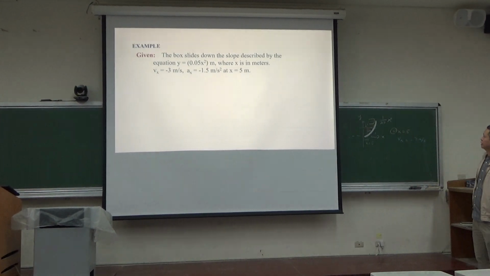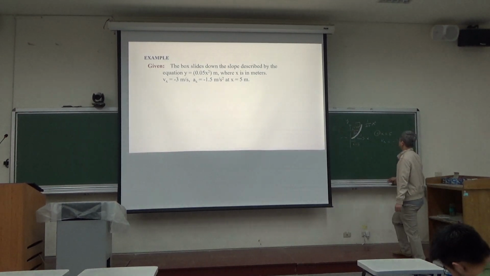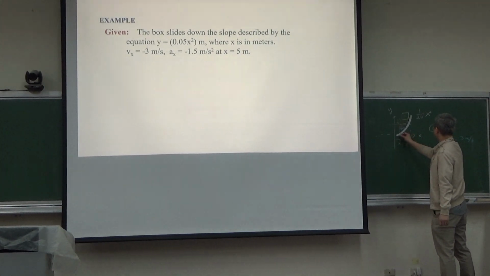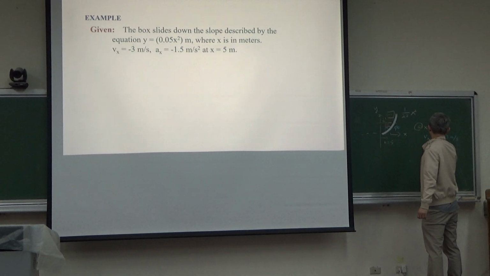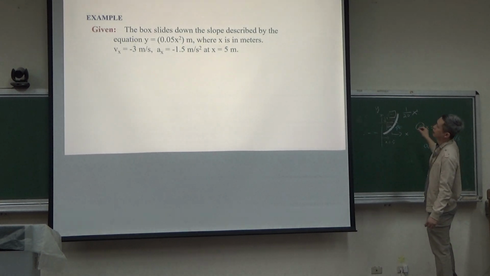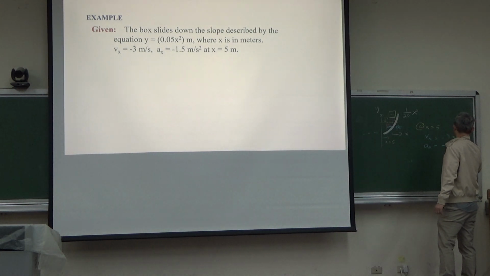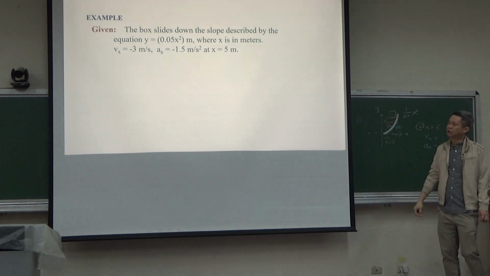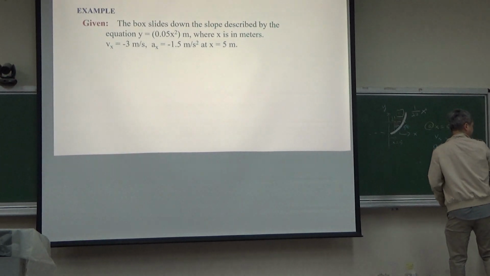And next, it also tells you the horizontal acceleration, which is -1.5 meters per second squared. So this is what was given.